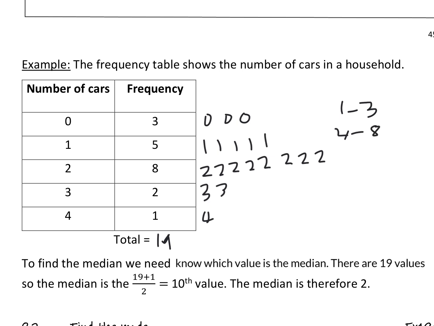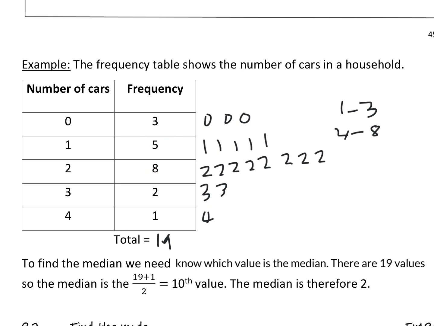Now, without me counting it out singly like that, I can see 3 is there. And then 8 is 3 plus 5, because altogether there's 8. So the 8 matches up with the 3 plus the 5. So the first 3 values, the 4th, 5th, 6th, 7th, 8th value, if we add all together.